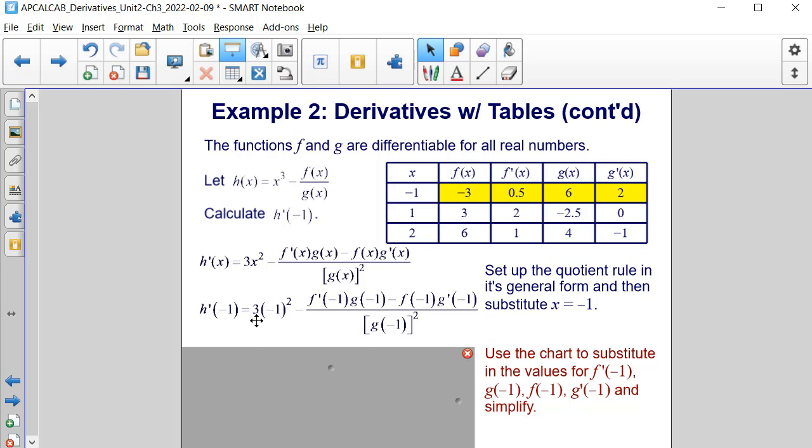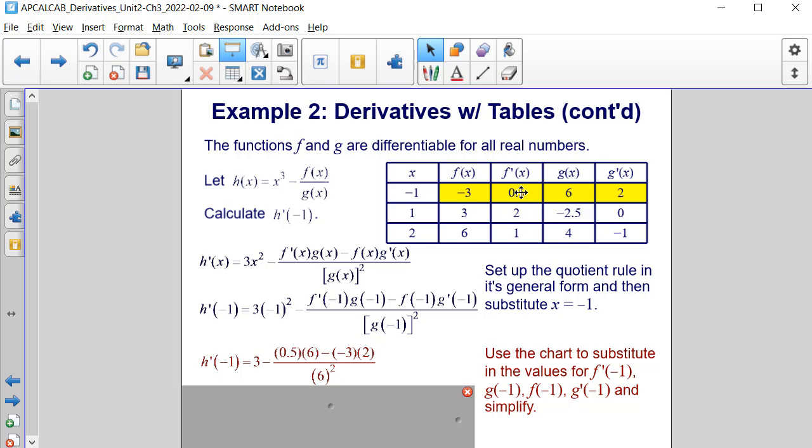So our first term is going to be 3 times negative 1 squared, or just 3, and then minus f prime of negative 1 was 1/2 times g of negative 1, which is 6, minus f of negative 1, which is negative 3, times g prime of negative 1, which is positive 2, all divided by g of negative 1, quantity squared. And now we can simplify.